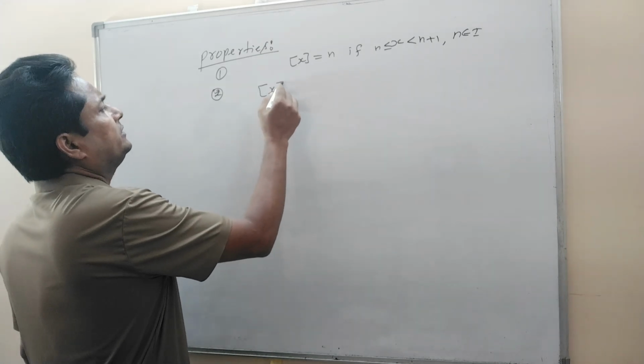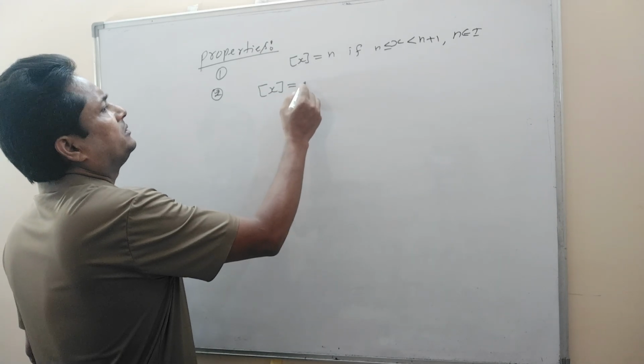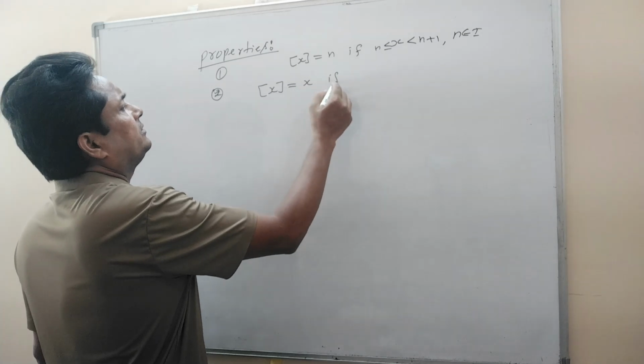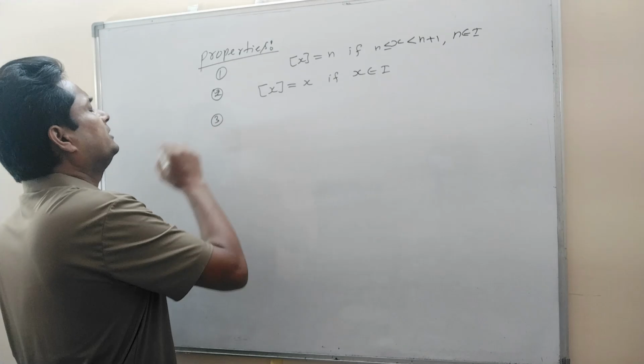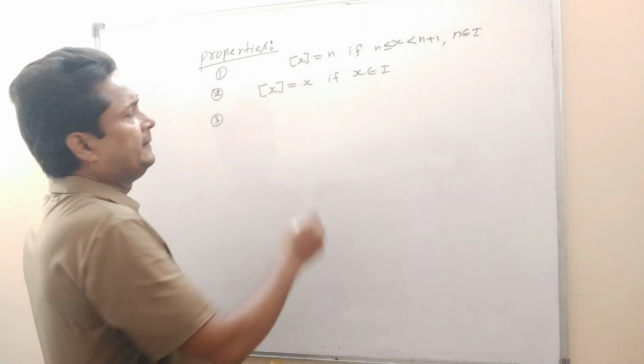Next property is what? Greatest integer of x is equal to x if x belongs to integer. Third property is what?